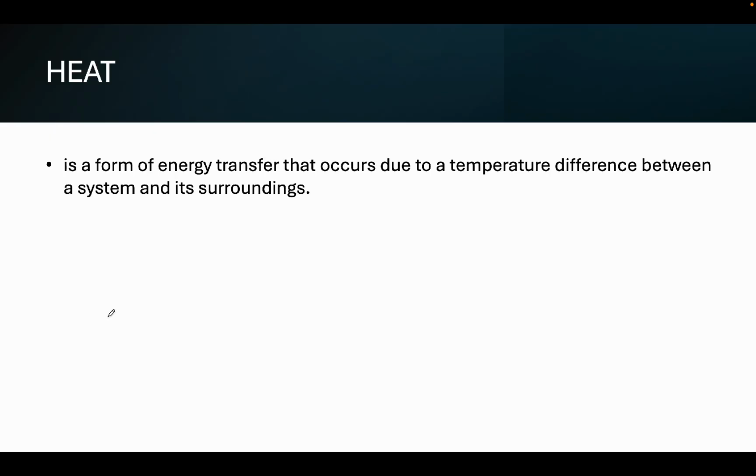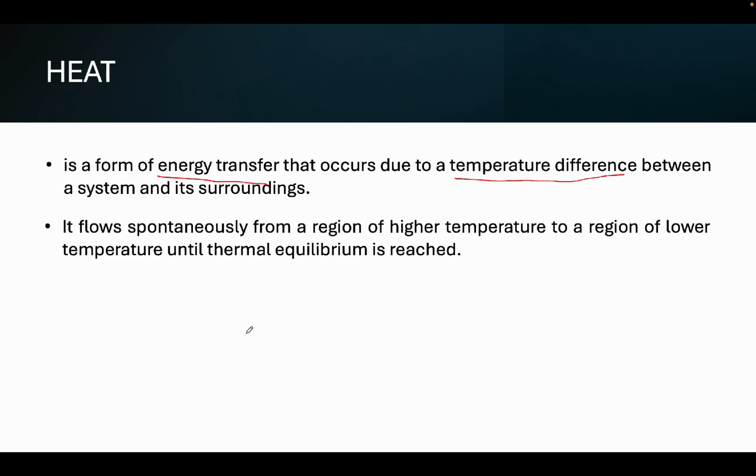If we define heat, heat is a form of energy transfer that occurs due to a temperature difference between a system and its surroundings. It flows spontaneously from a region of higher temperature to a region of lower temperature until thermal equilibrium is reached.